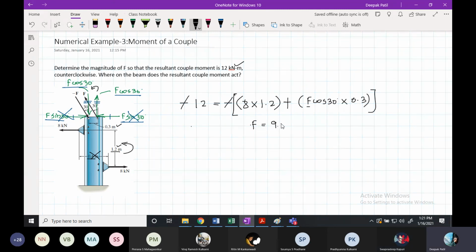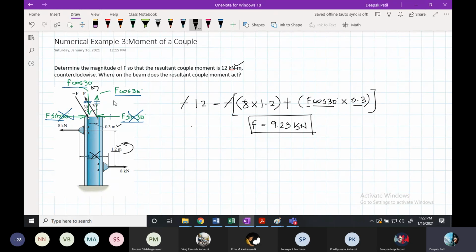Yes, it is 9.23, not newtons, it is kilonewtons. Everyone got the same answer? Okay, it's simple. 12 minus 8 into 1.2, and whatever answer you get, divide it by cos 30 into 0.3, so that you will get the value of F as 9.23 kilonewtons.